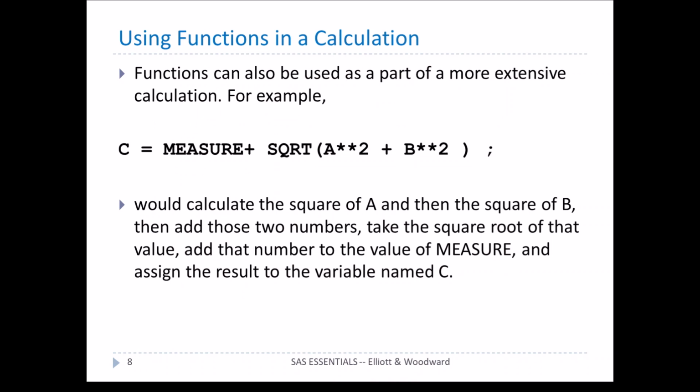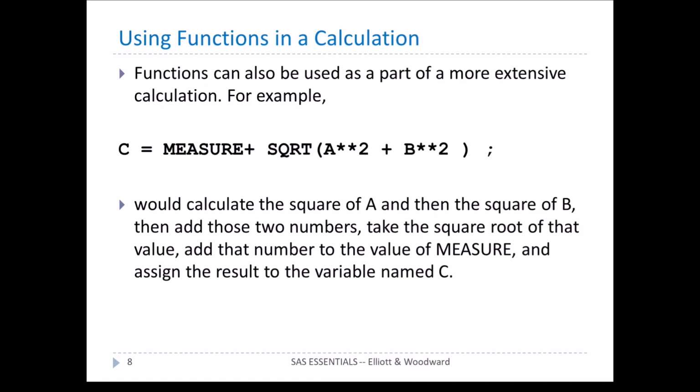So to use functions in a calculation, we typically would use this in a data step where we put a mathematical phrase or equivalency, where on the left-hand side of the equal sign we have the variable where we want the result to be sent, and on the right-hand side after the equal sign, we have some sort of equation or arithmetic or character series of functions or other things.